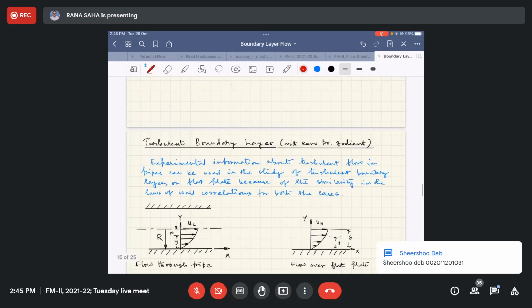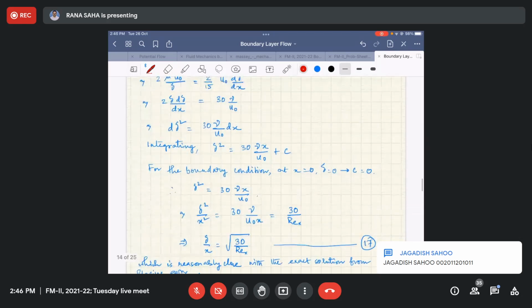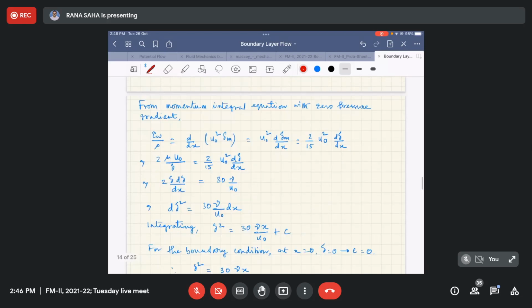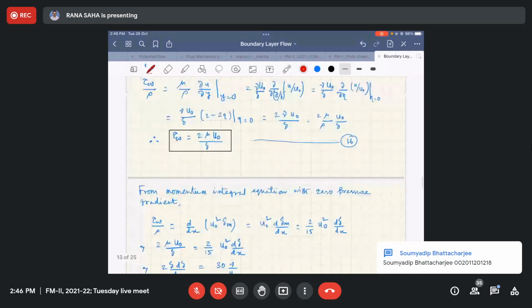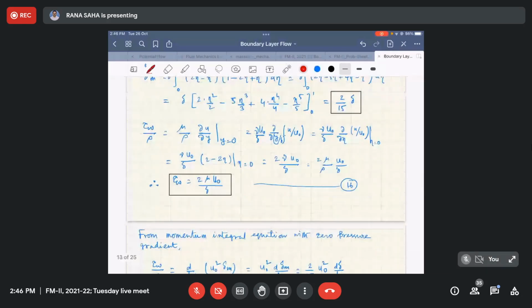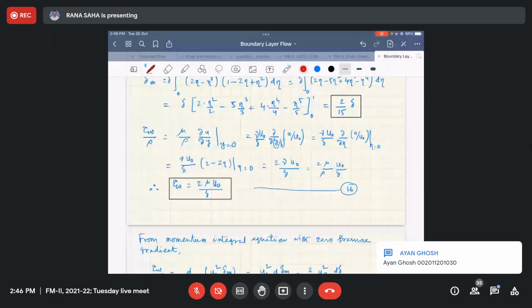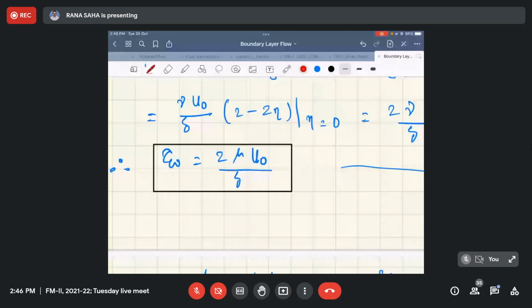Then if you proceed for solving that equation to get this delta, that is the boundary layer thickness, the purpose of this exercise is basically to find out the wall shear stress tau W, and thereby we can get the estimate of the shear force acting on the surface over which flow is occurring.